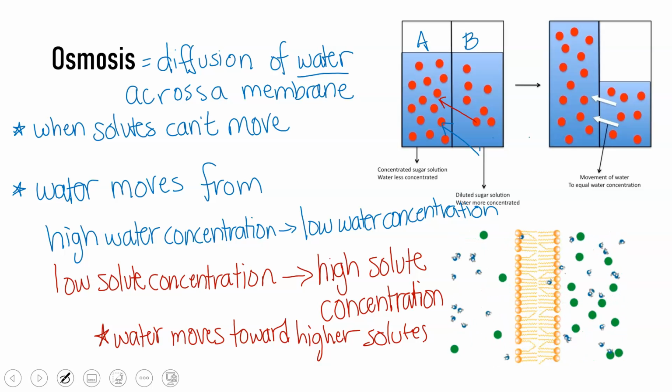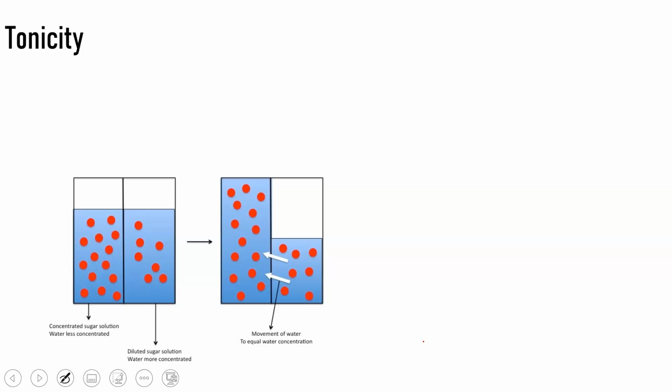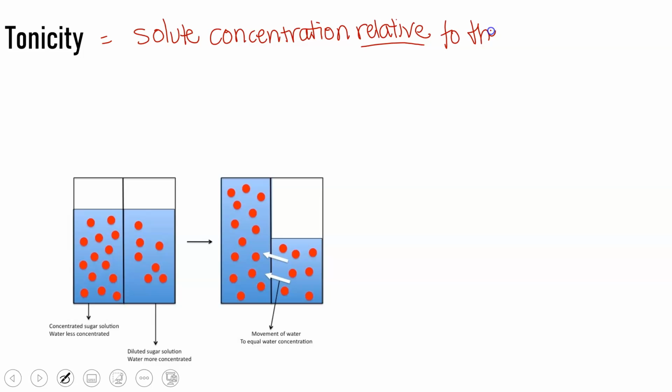A lot of times, as we're talking about osmosis, we talk about tonicity, all right? So tonicity is the solute concentration relative to the other side of the membrane. All right, what do I mean by this?